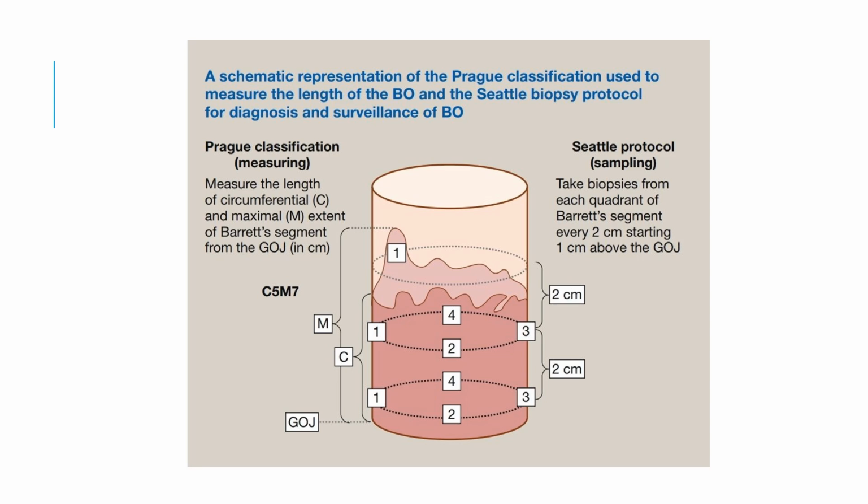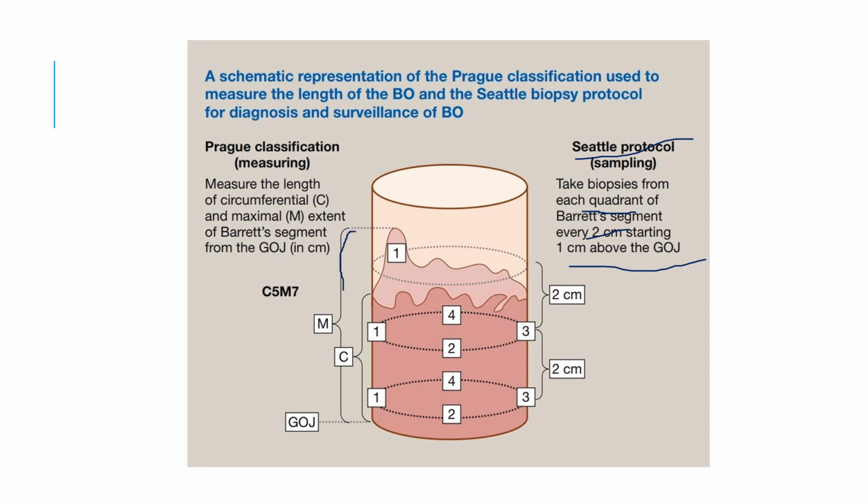So to identify that, you go for biopsy, which is by the Seattle protocol. Seattle protocol means that you take biopsies in each quadrant every 2 centimeters, starting 1 centimeter above the gastroesophageal junction. Prague classification is also given in this picture.